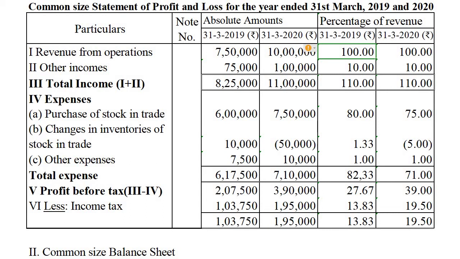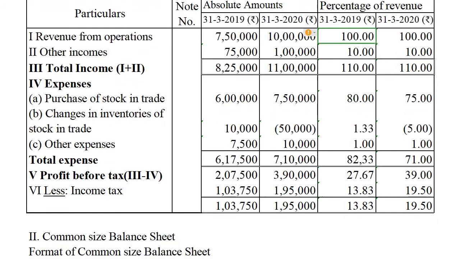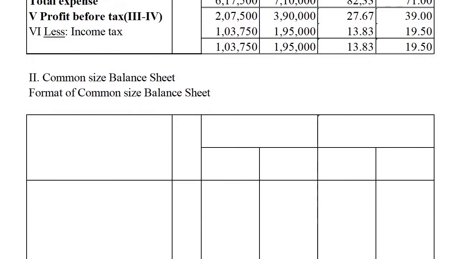But in the case of balance sheet, total of assets or total of liabilities, anyone will be considered as 100. That means for the liability side, total of liability is 100 and for the asset side, total of asset is 100. Anyway, both will be same. So the total of the balance sheet will be considered as 100 and all the other items will be compared with the total of the balance sheet.